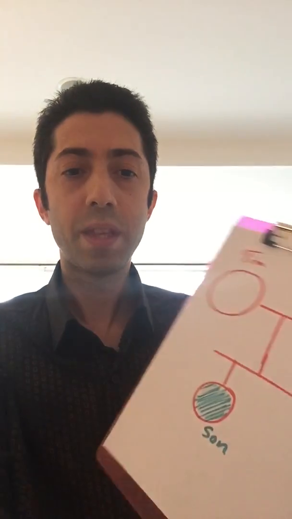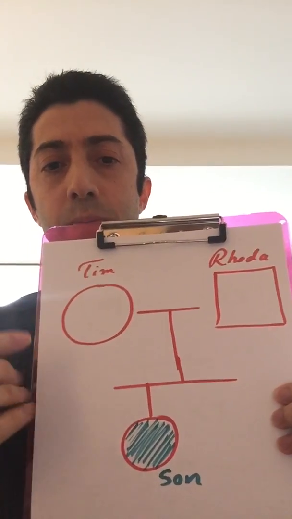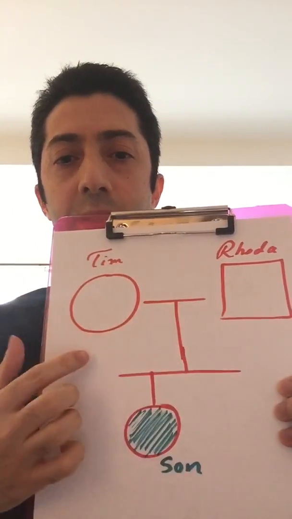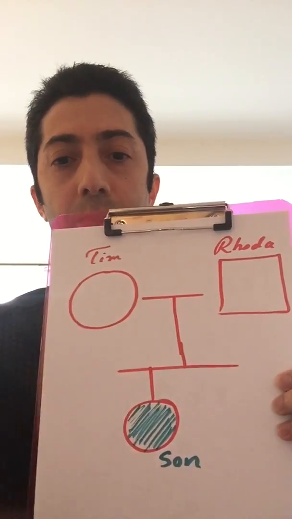Okay, so hopefully you paused the video and you have your textbook ready. The question is asking, neither Tim nor Rhoda has Duchenne muscular dystrophy, but their firstborn son does have it. So we have two people as parents, Tim and Rhoda.